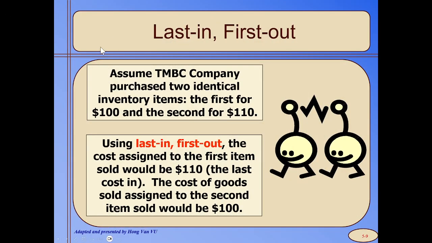Assume that the company TMBC purchased two identical inventory items, the first for 100 and the second for 110. Using last in, first out, the cost assigned to the first item sold would be 110. The cost of goods sold assigned to the second item would be 100.